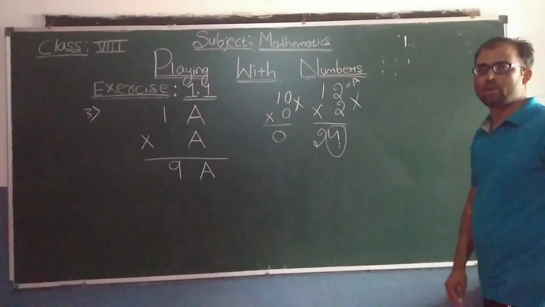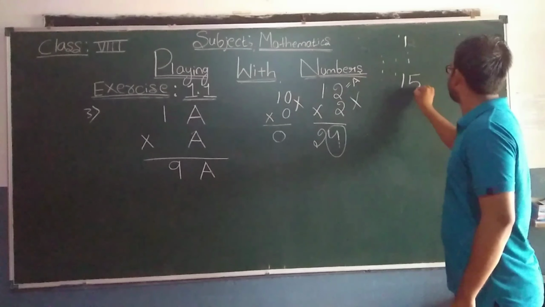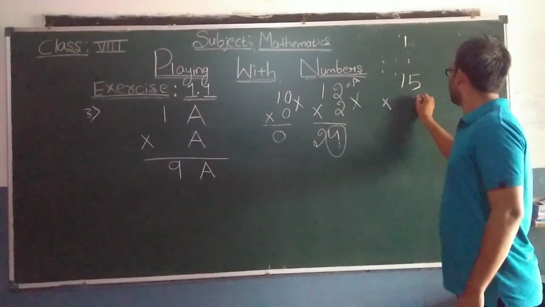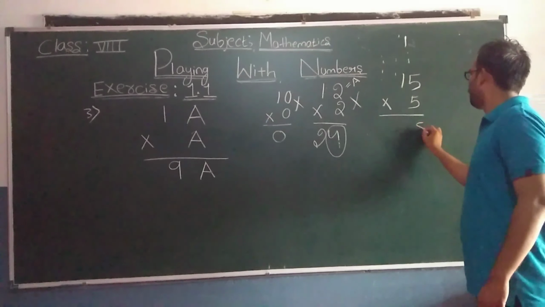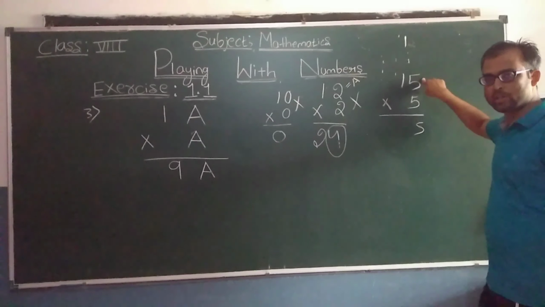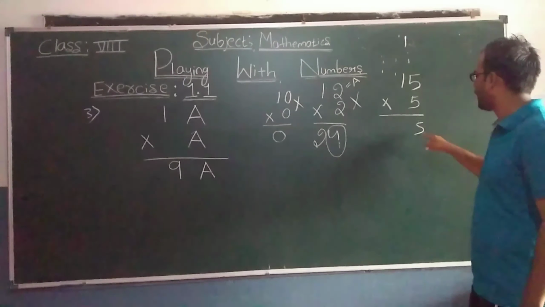So let us assume the value of a as 5. We have assumed a as 5. So 5 fives are 25. Okay, so this condition satisfies. As we have assumed the value of a as 5, when we multiply 5 into 5, we are getting 25.